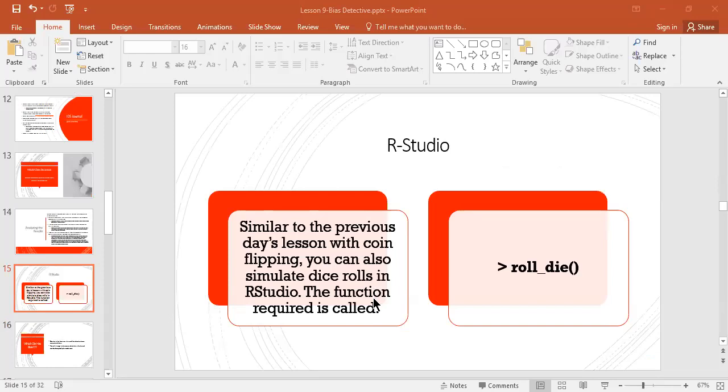The function required is called roll_die. That's the function, roll_die. It only rolls one die at a time, right? So we're going to be using this function. I'm going to give you guys a few seconds to get this down because you want to write down the coding.